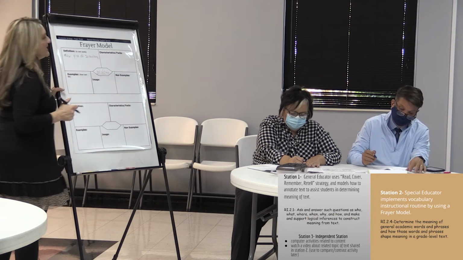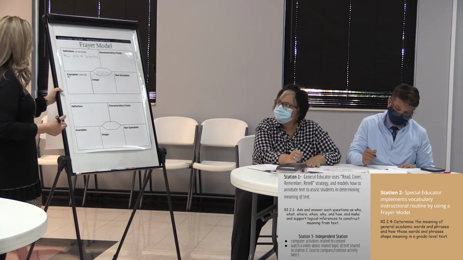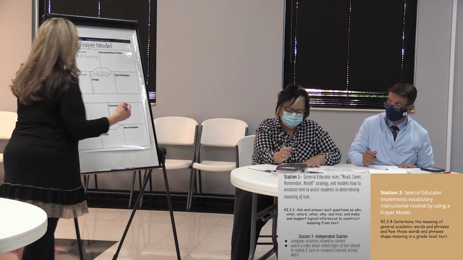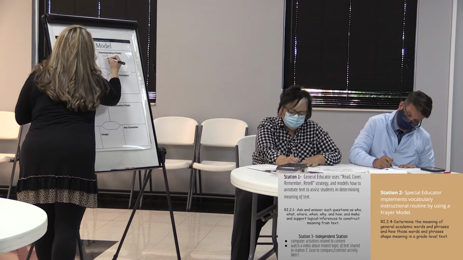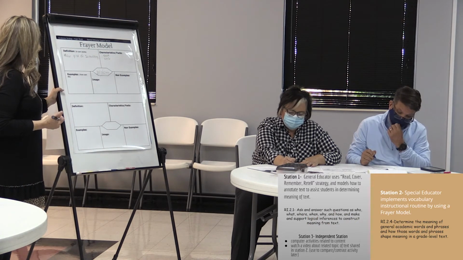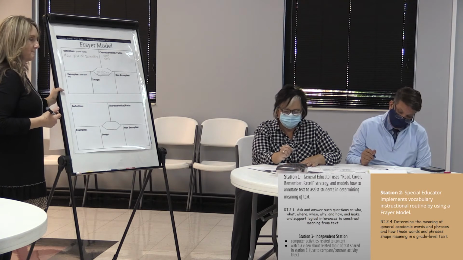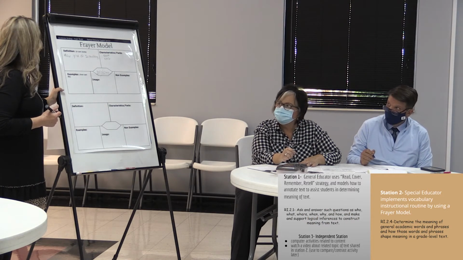Okay, so if we have the word process, what would be some characteristics of that word? It could be a noun or a verb. Could be a noun or a verb. Excellent. What else do we know about that word? Any other characteristics? Maybe it has steps.